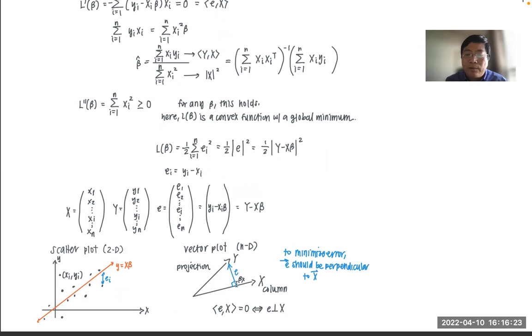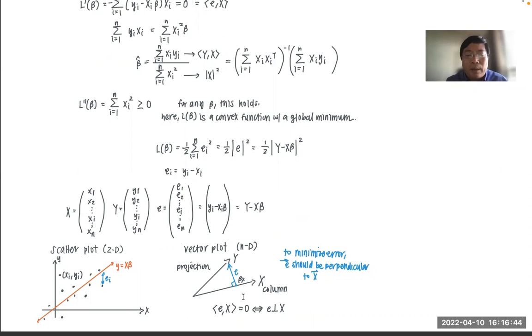And then clearly we should find this point, x times beta, to be the projection of y onto this line of x. So geometrically, the least square method can be understood as a projection in order to minimize the error.